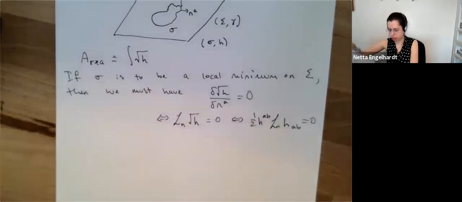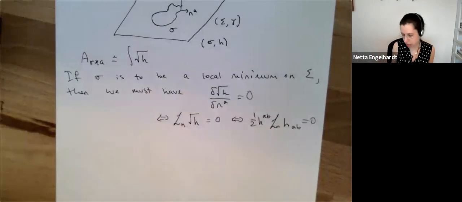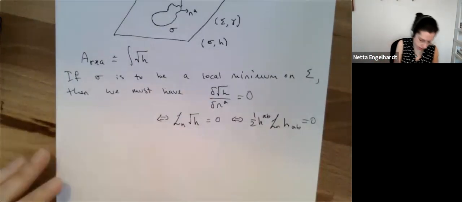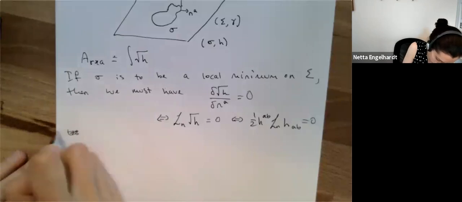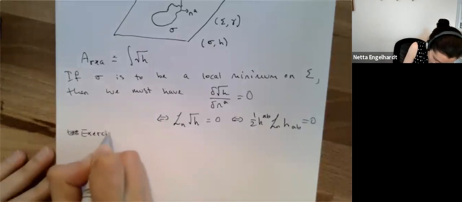Now, the important thing that I want to emphasize here, that I'm going to get to, is that if you use the fact, using, I guess you can say, exercises to show this.